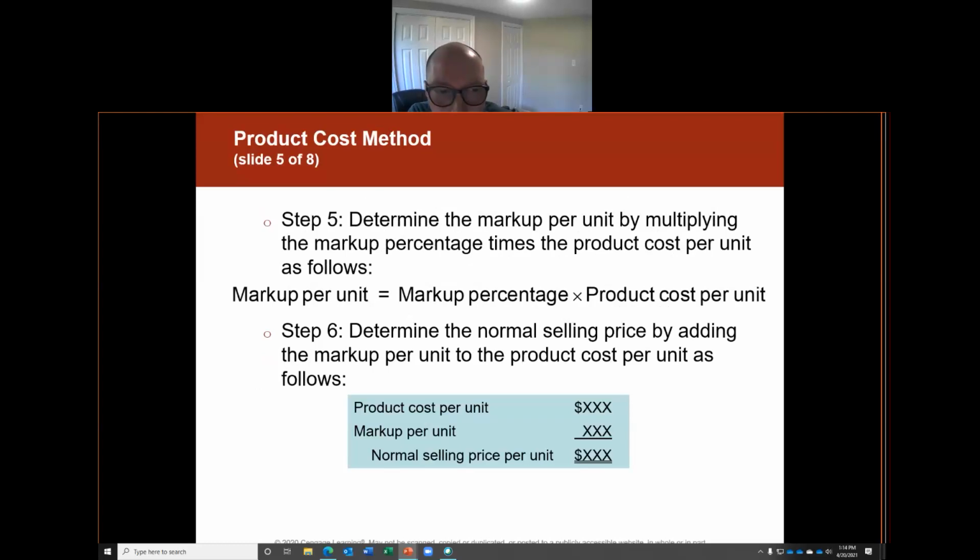Step 5, we find the markup per unit: the markup percentage times the product cost per unit. Step 6, to find the normal selling price per unit, we take the product cost per unit, the cost of manufacturing, direct labor, direct material, factory overhead, plus the markup per unit from step 5, which equals the normal selling price per unit.